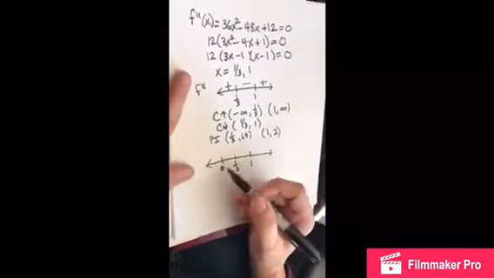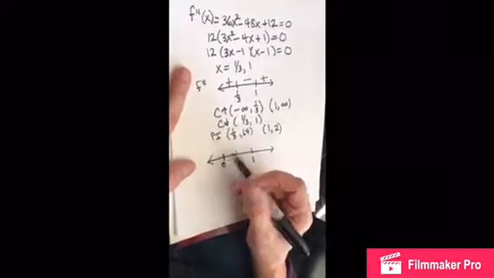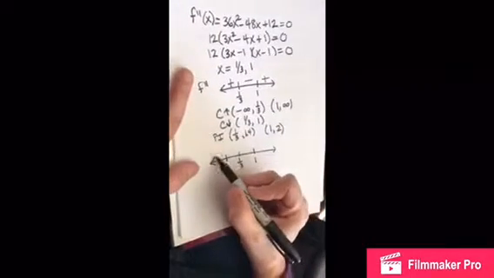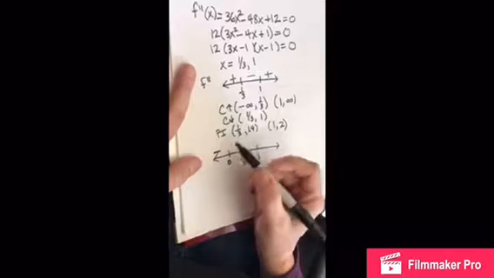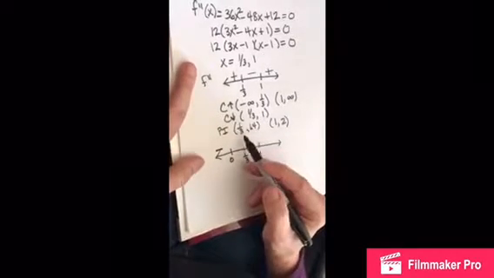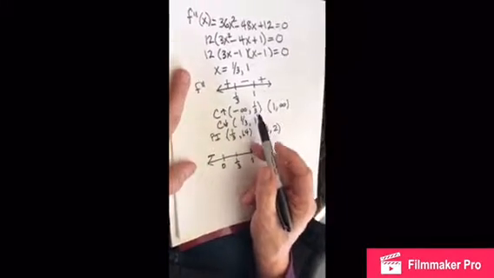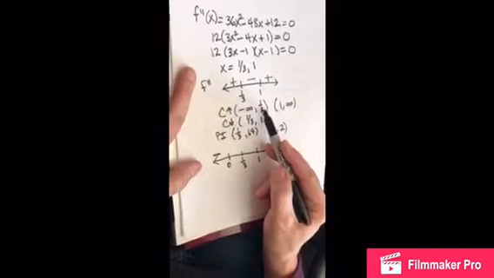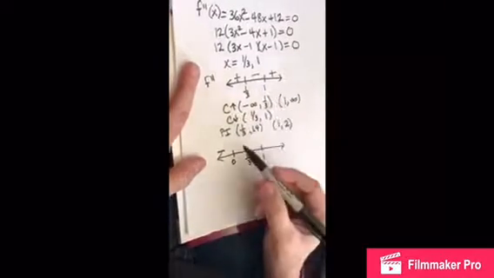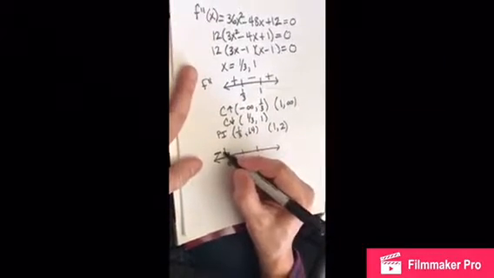Then to the left of 0, remember it was decreasing to the left of 0. And then if we look at our concavity, to the left of 0 would include these numbers here, so it's concave up.